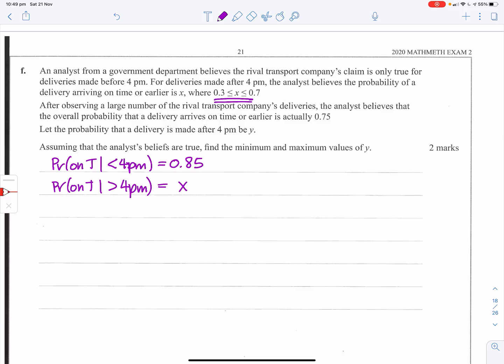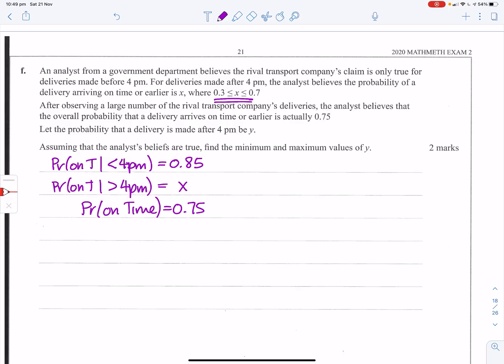After observing a large number of rival companies' deliveries, the analyst believes that the overall probability that a delivery arrives on time is 0.75.